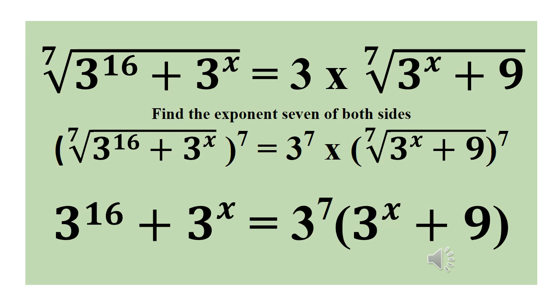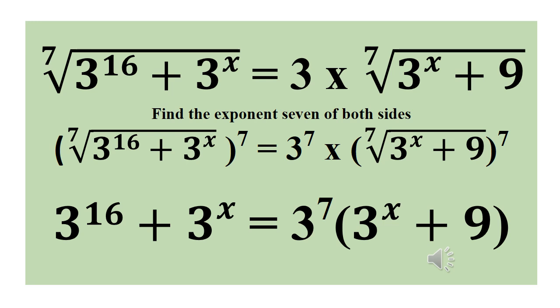So it then follows that, since we have the 7th root on both sides, all we can do is to use the exponent 7 to get rid of the 7th root. We raise everything to power 7 in order to get rid of the 7th root.